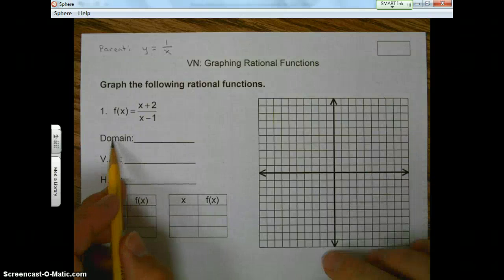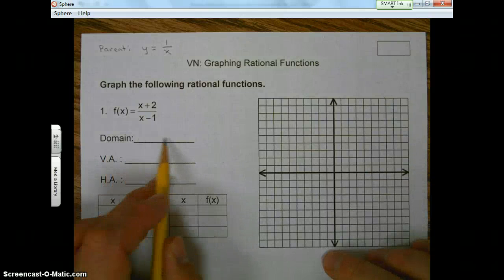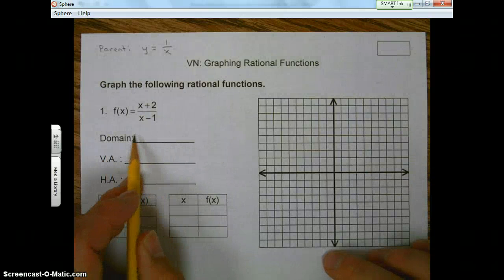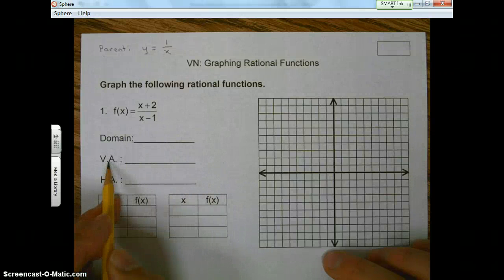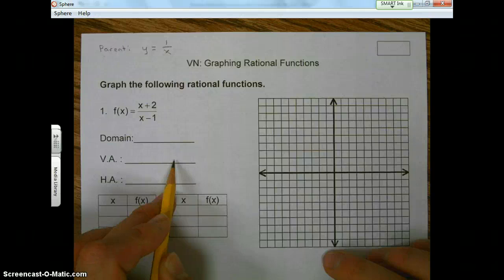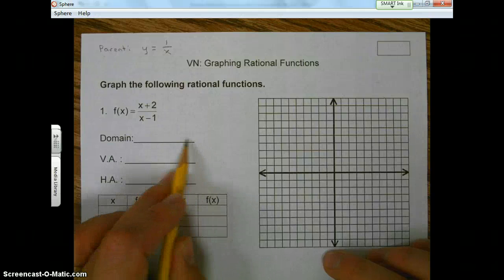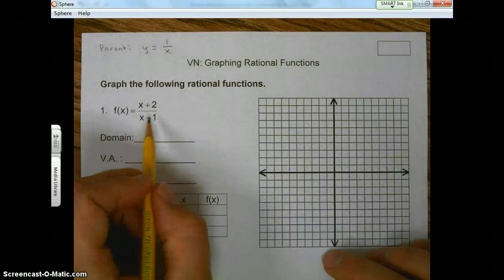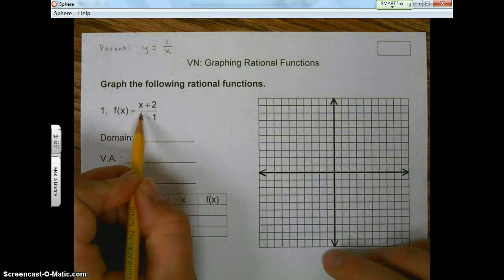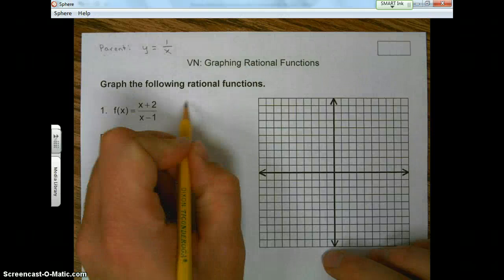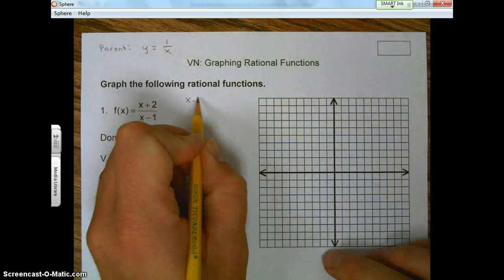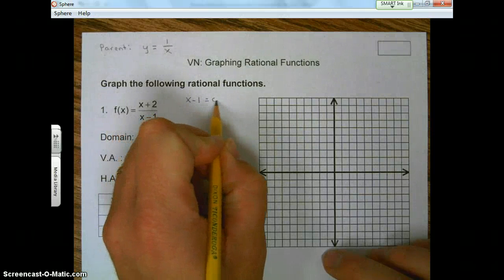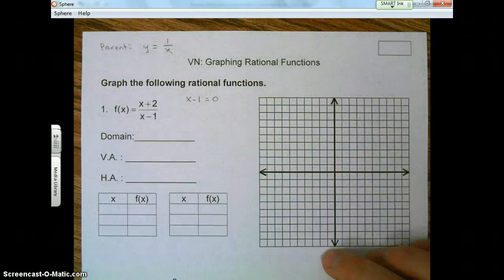So, determining the domain. What I like to do first is determine the vertical asymptote, and then from there I write the domain. So remember what we do. We take our factor in the denominator, which is x minus 1, set it equal to 0, and then solve for x.